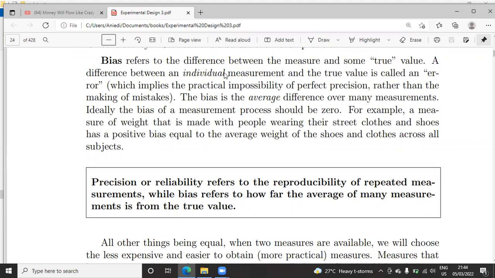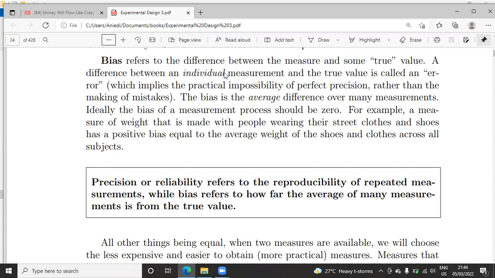Bias refers to the difference between the measure and some true value. A difference between an individual measurement and a true value is called an error, which implies the practical impossibility of a perfect precision rather than the making of mistakes. The bias is the average difference over many measurements. Ideally, the bias of a measurement process should be zero.